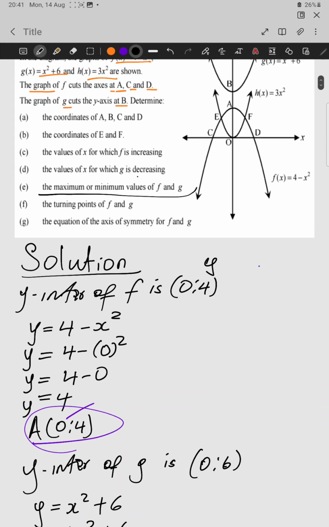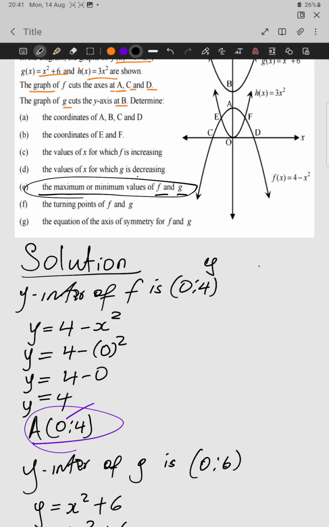They say determine the minimum or maximum values of f and g. How do we get the minimum or the maximum values of g?